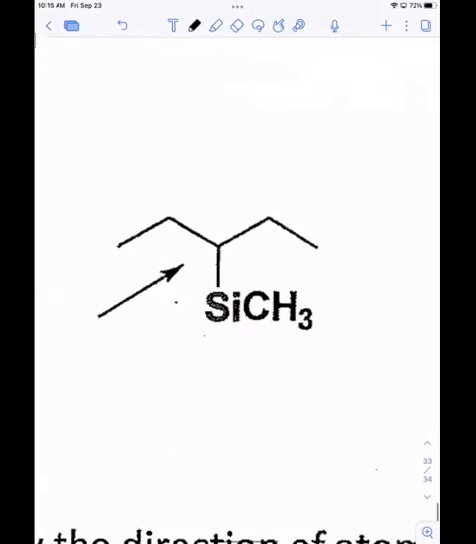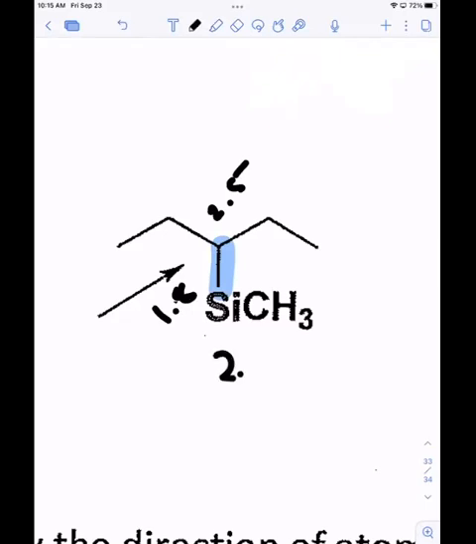All right, what about here? Silicon and carbon. It's the silicon-carbon bond right here. What's the electronegativity for silicon? 1.8.